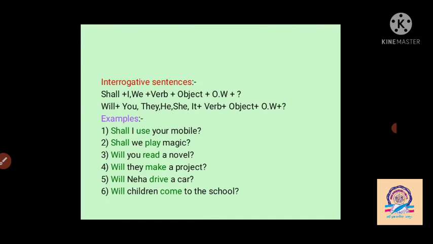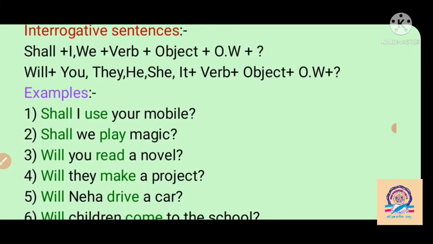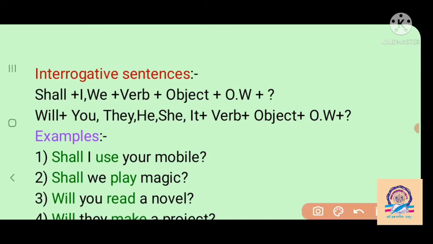Then for the interrogative sentence, that formula is given here. If I or we are there, we have to keep shall first, then subject, then verb, then object, then other words, and last we have to keep the question mark here.